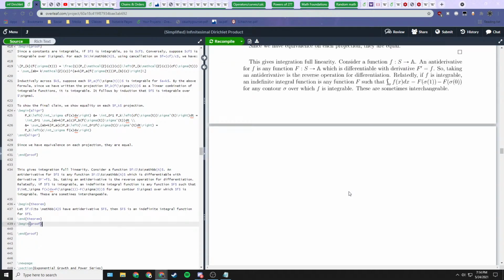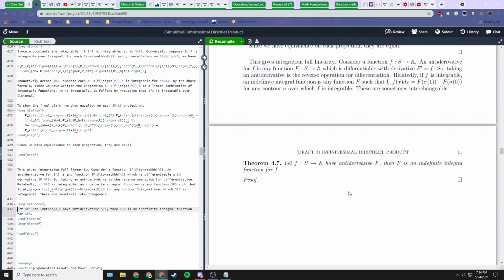So there we go, that's better. Okay, every antiderivative is also an indefinite integral function. Nice derivative.